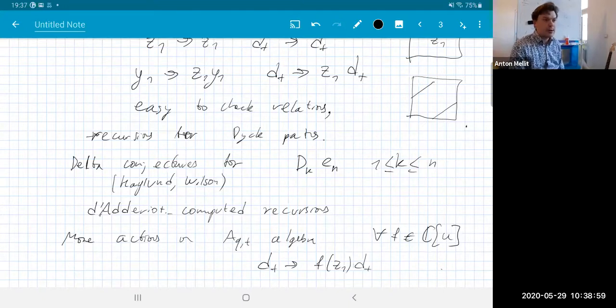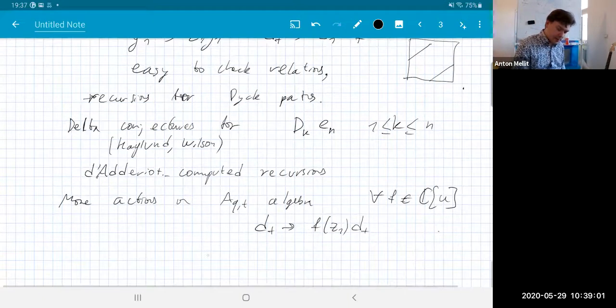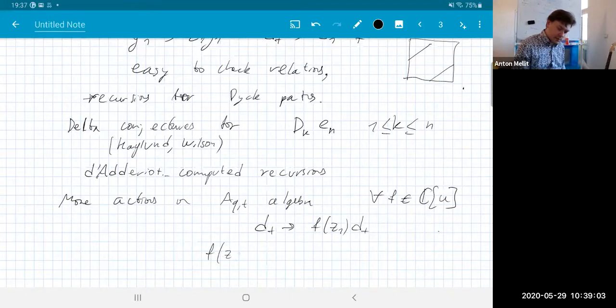And f of u linear gives the delta conjecture.